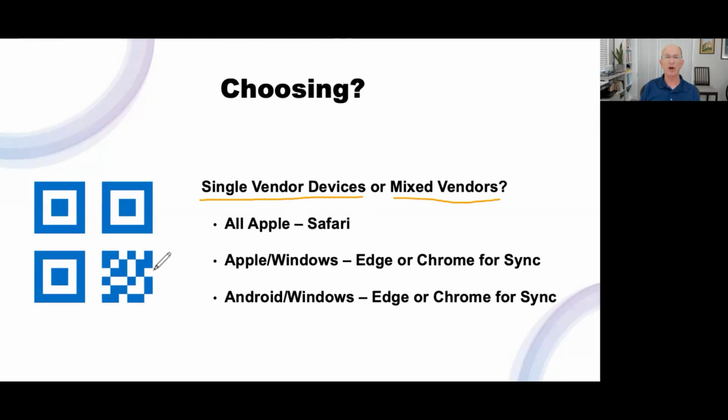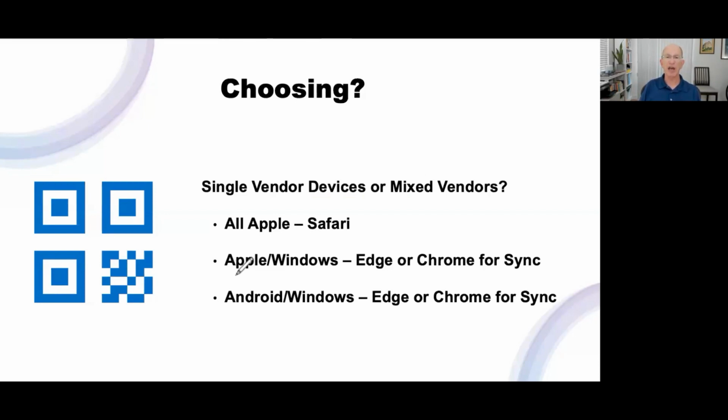So if you're all in with Apple, Safari is a great way to go, because Safari gives you a lot of capabilities that are great resources. You get Apple support and you get some continuity between the different devices and an easy way to save all of your bookmarks and other tools, and it works well between Apple devices.